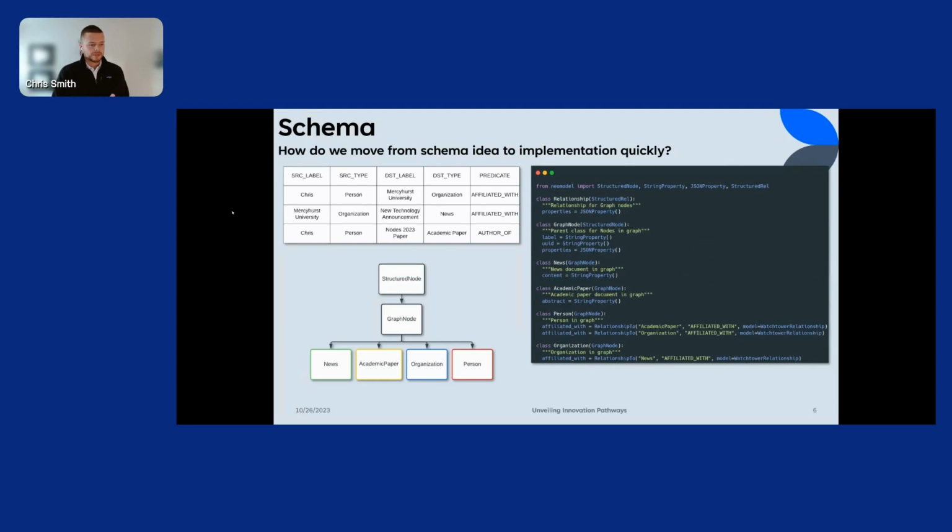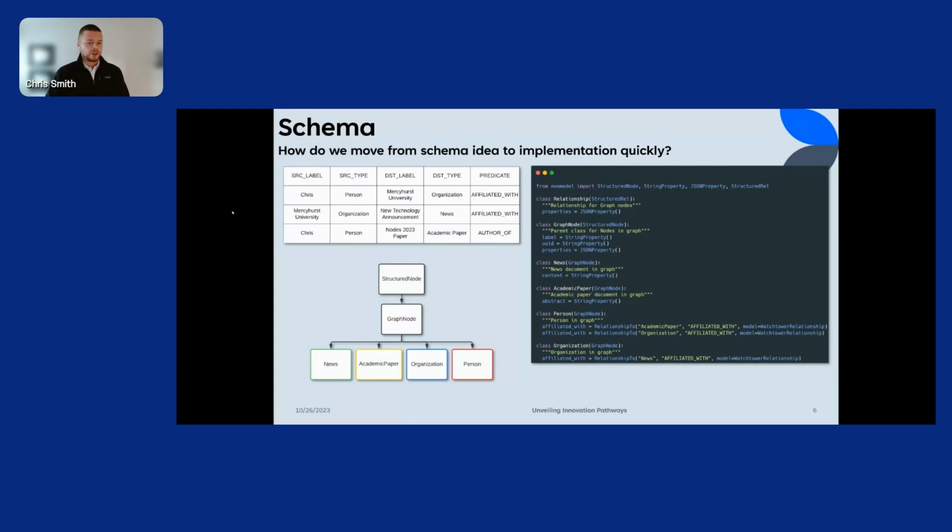So the great thing about NeoModel is in a few lines of code, in a couple objects, you have your graph data schema that you can implement inside of Neo4j. At the top there, we have that structured relationship, and this is just going to be our general use relationship object that we'll use to connect our structured node classes.